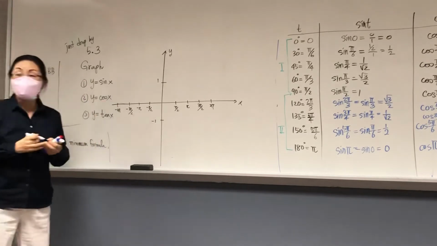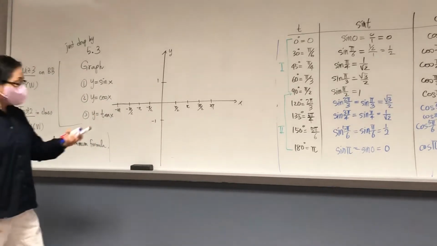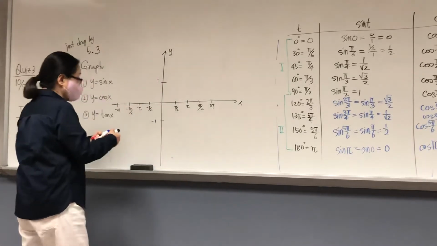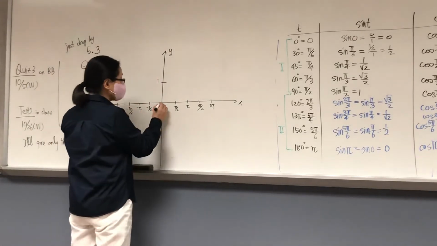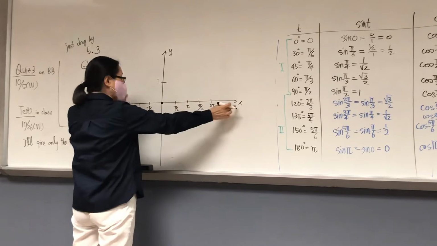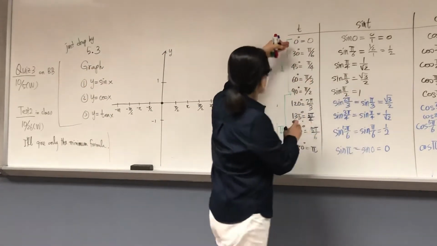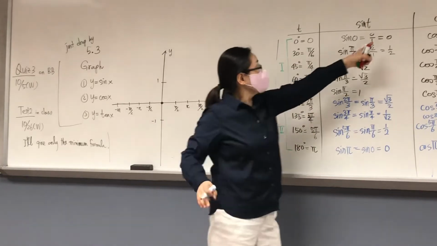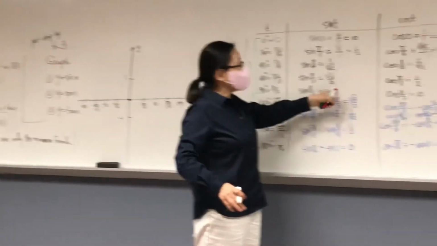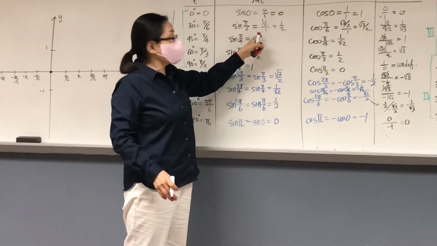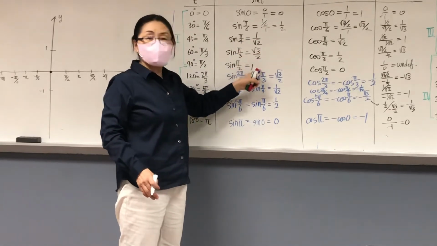Keep going. Let's graph it. Sine, starting at 0, and then x goes until pi over 2. From 0 to pi over 2, is your function increasing or decreasing? 0, 1/2, square root of 2 over 2, square root of 3 over 2, 1.